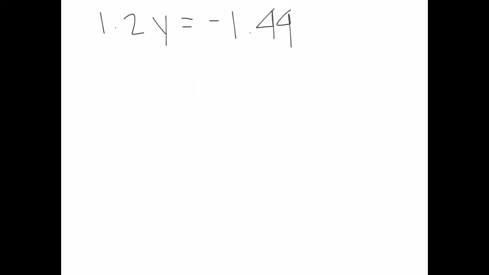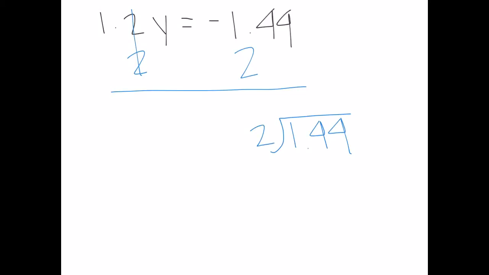In order to figure out what y is, instead of multiplying, we need to divide by 2. We need to cross that out because they're both the same. Then all we have to do is divide 1.44 divided by 2. 2 goes into 14 7 times.